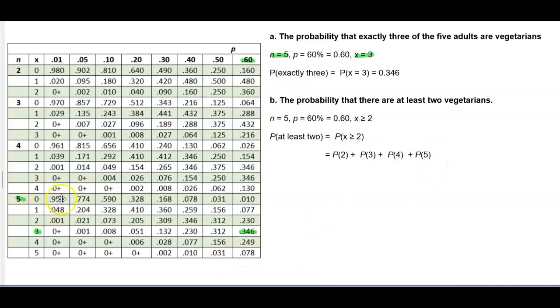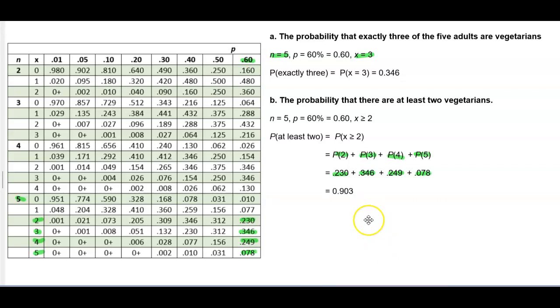Again, we're looking at n is equal to 5, so we're here at 5, and now we're going to look at the probability of 2. The probability of 2 is going to give us 0.230. We already found that the probability of 3 is 0.346. The probability of 4 is 0.249, and the probability of 5 is 0.078.